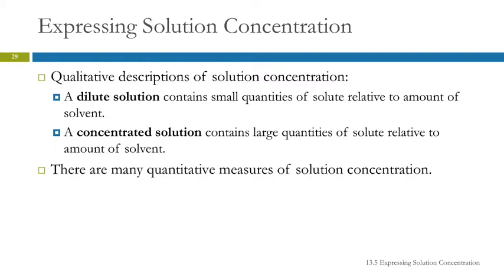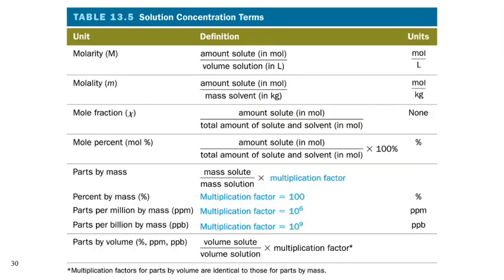And then there are a lot of quantitative measures. So here's a table from your textbook showing a bunch of them. We've already learned about molarity, so we'll just review that very briefly. And then there are these other ones: molality, mole fraction, mole percent. These are actually very similar to each other.